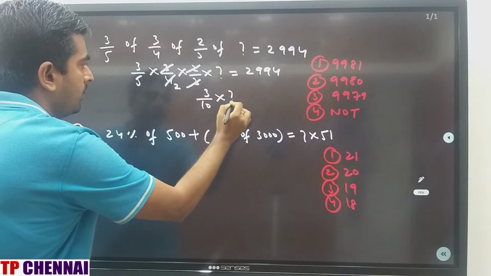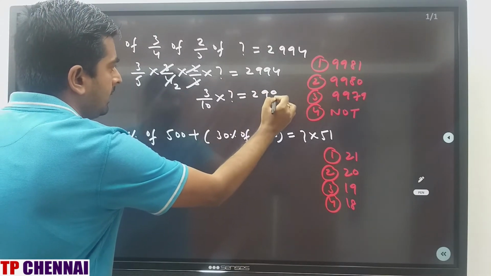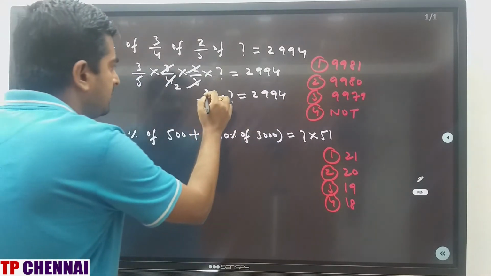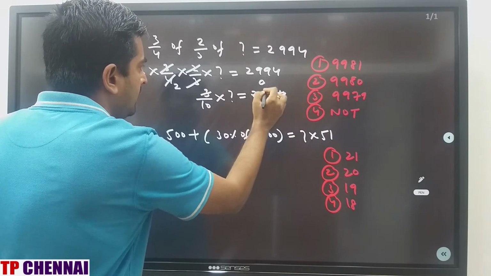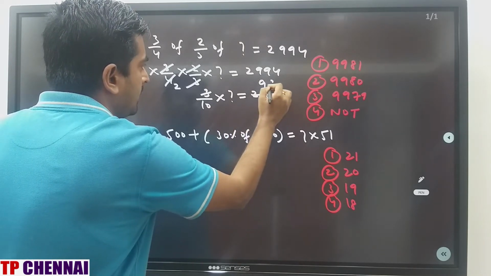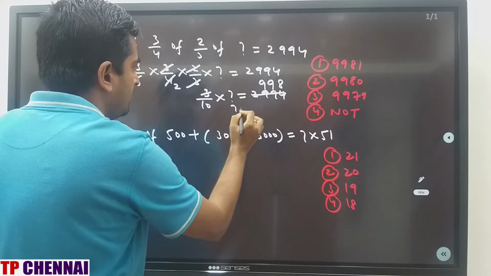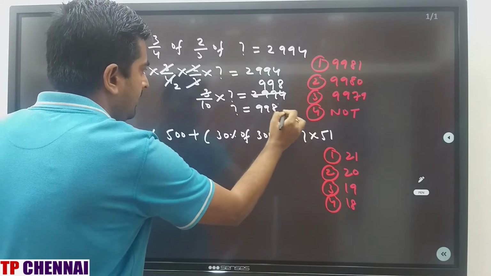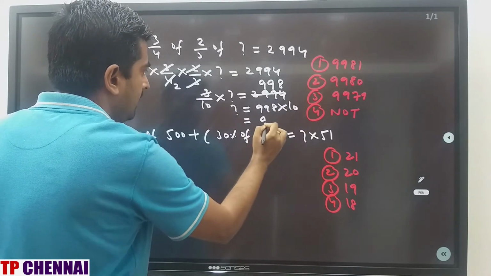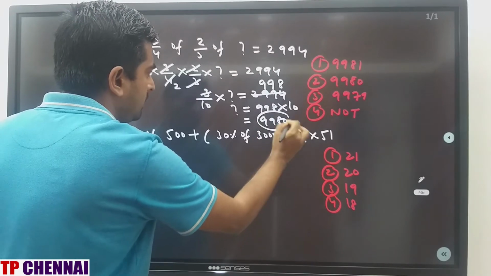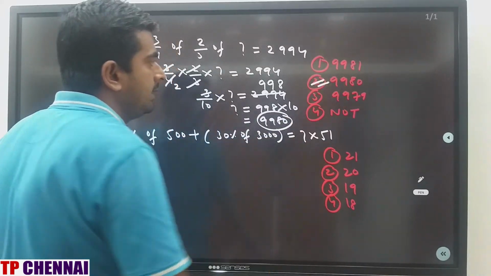So 3 by 10 of question mark is equal to 2994. Cancel the 3: 3 9s are 27, 3 9s are 27, 3 8s are 24. So question mark is equal to 998 into 10. What is the answer? 9980. My answer is 9980.